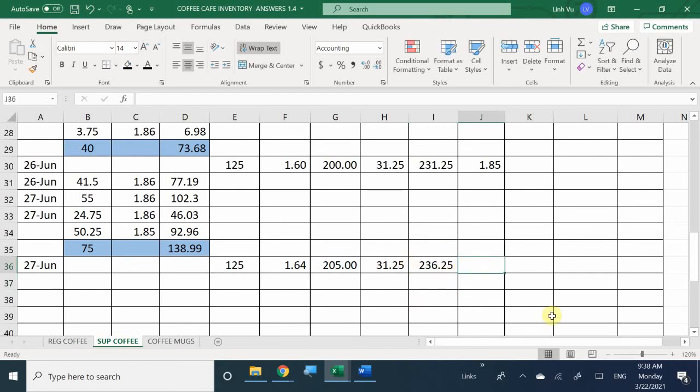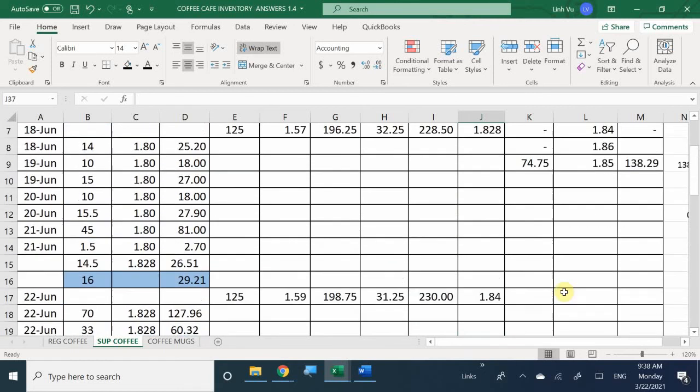So what is my cost per item? $1.89. So I'm going to carry that over into my inventory on hand.